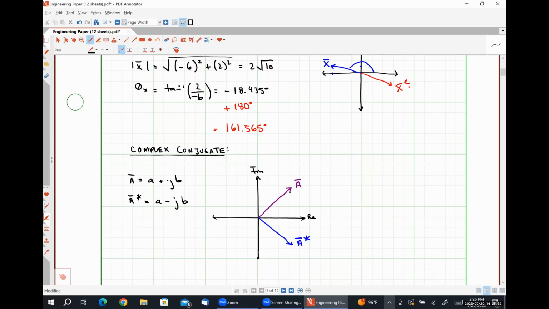If instead we have a polar form complex number, and I'm going to do polar and exponential here, the conjugate operation changes the sign on the angle.